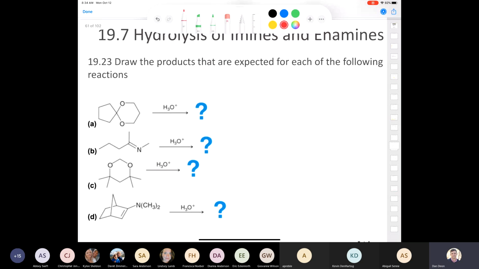I'm going to show you probably some of the simpler ways that I know of to solve these problems. Who can tell me what functional group is in A? Not a trick question. It's a functional group we've looked at a bunch. Could anybody tell me what functional group is in A?